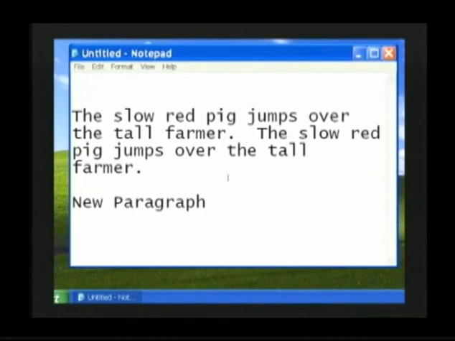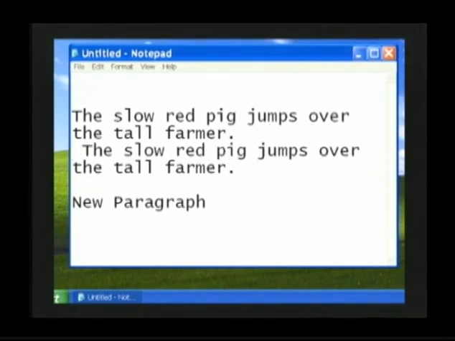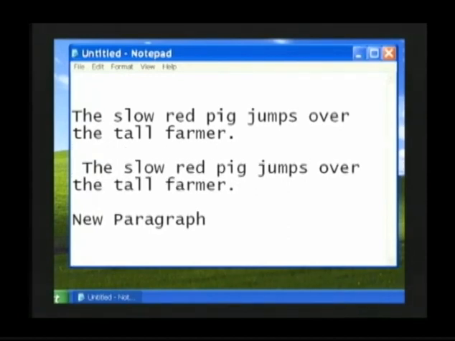So watch when I press the Enter key. The second sentence, or everything to the right of the blinking cursor, moves down one line. Press the Enter key one more time, and everything to the right of the blinking cursor moves down one line. The first sentence was unaffected because there is nothing to the right of the blinking cursor at that point.